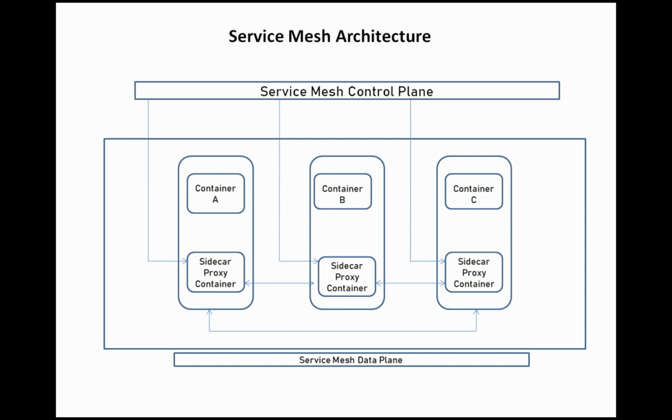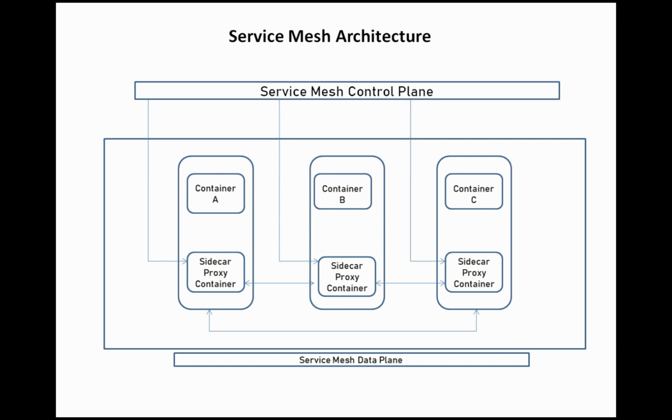When a developer develops these applications, he has to give the logic for the application, whatever the functionality. On top of that, he has to put additional logic beyond the business logic.